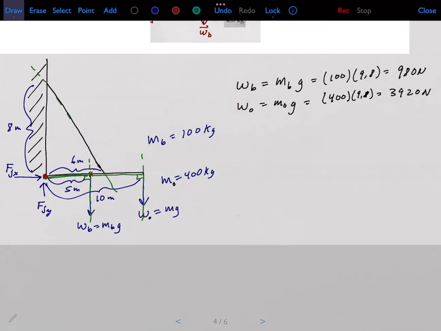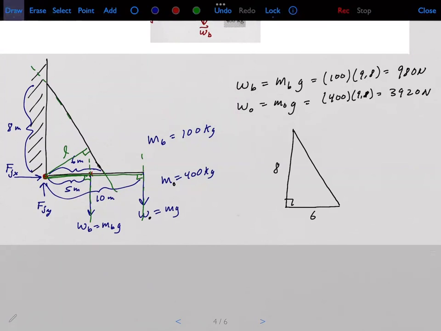So I need to figure out this distance, which is the perpendicular distance. That'll be like the L, the moment arm for the cable. Okay. So actually we can do that right now. Let me draw out the triangle here. We know the cable is attaching 6 meters away, right? And 8 meters up the wall. So something like this, where this is 6, this is 8.